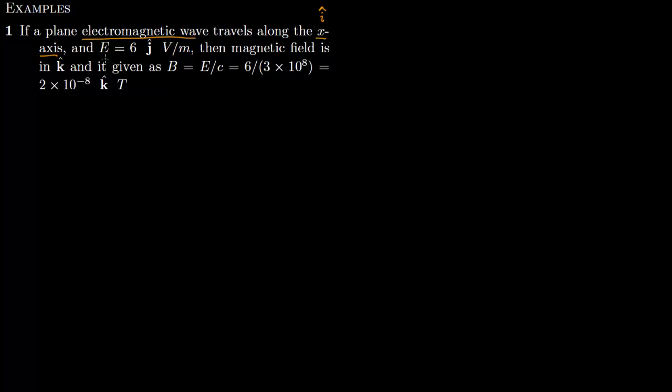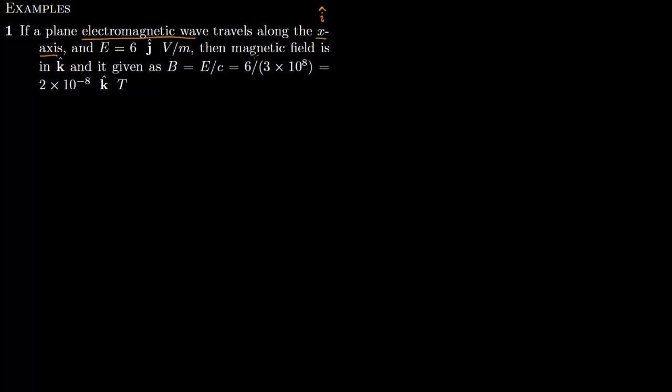And say the electric field is given to you as 6j hat. What does 6j hat mean? It means the electric field is along the y-axis. So your propagation is along the x-axis, and the electric field is along the y-axis. Obviously the electric field is perpendicular to the x-axis.